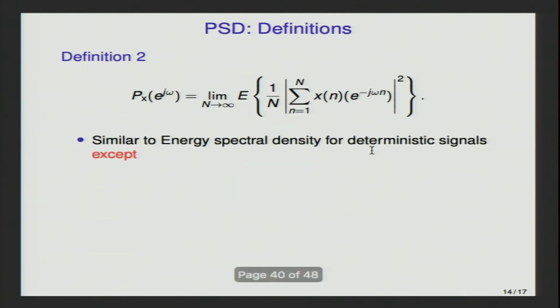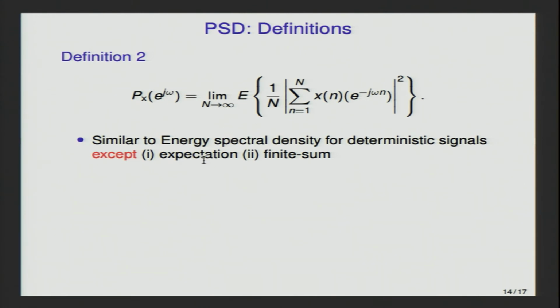The other definition also comes directly from deterministic signals: you take your set of samples and find the DTFT. Since this is a random process, that finite set will not give you the right estimate of the frequency content, so you look at many such realizations. This helps us obtain the power spectral density of a random process.